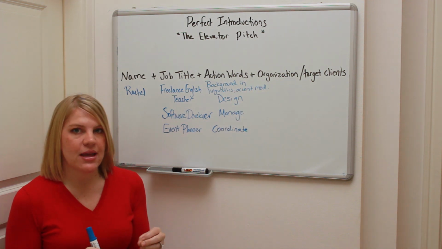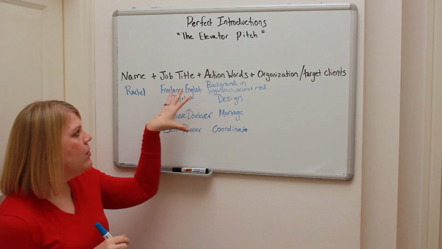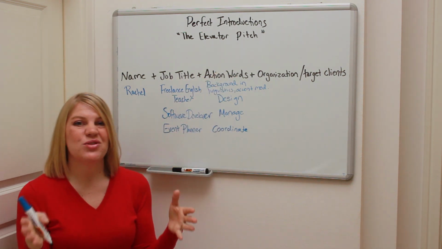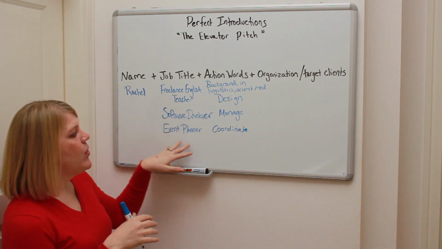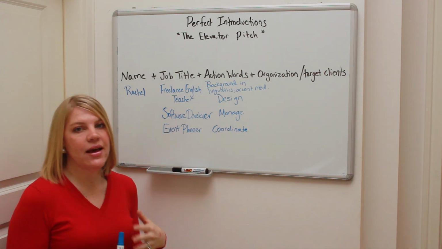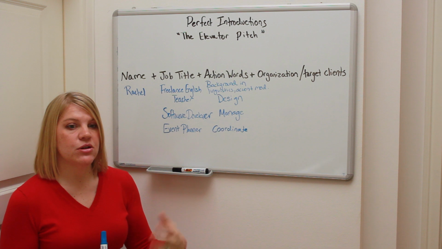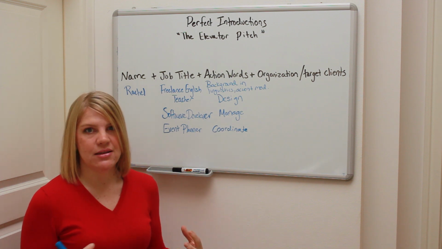What's the most important thing is to make sure that your job and your action words aren't repetitive. You're not saying, I'm a manager who manages. In that case, you want to be a manager who coordinates or leads.